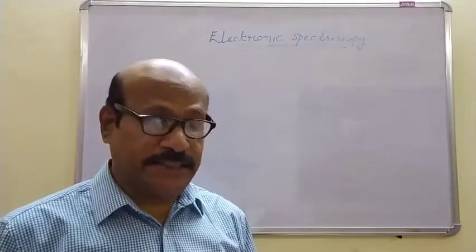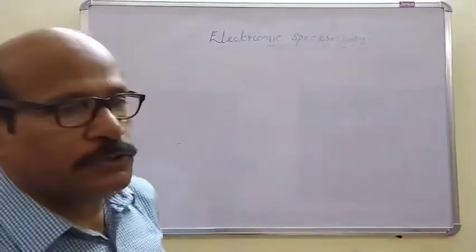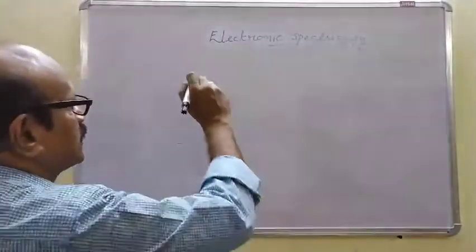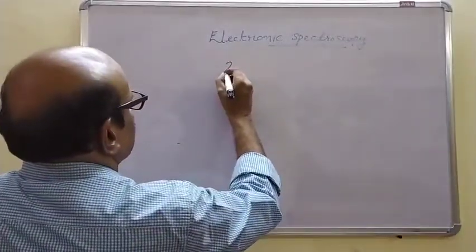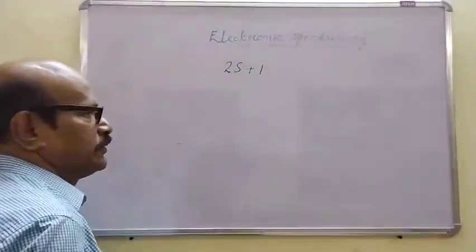Spin multiplicity of an electronic state is defined by an expression equal to 2S plus 1. So, study this.